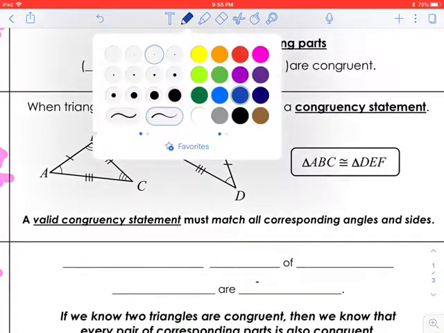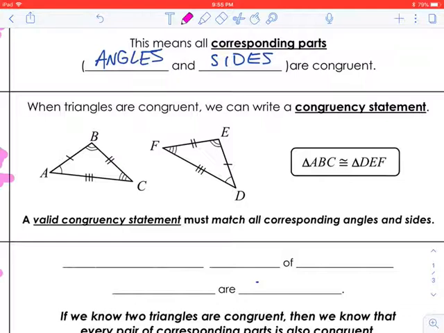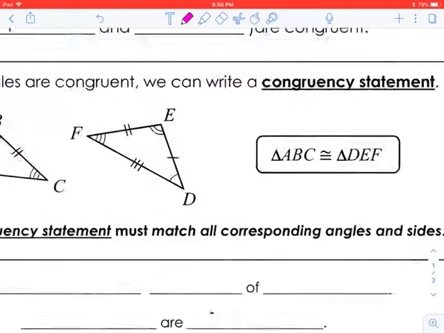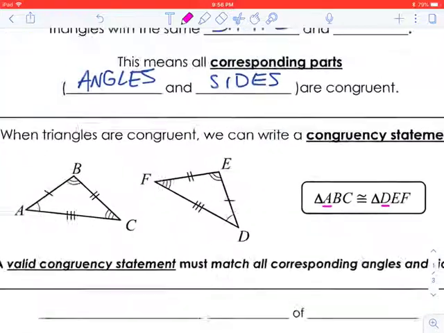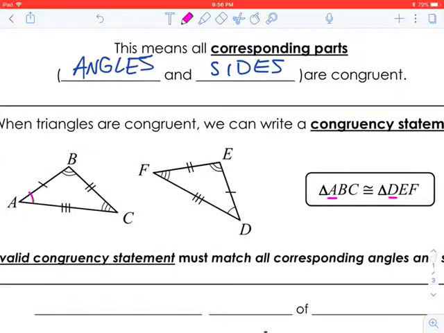Okay, so if you look at this, A, B, C, and D, E, F, they're not exactly looking like the same exact triangle, as far as the left goes with the left, right goes with the right. So when you look at this, look at the order. A, B, C, D, E, F. So A goes with D. And you can see in the picture, A is right here, D is right here.